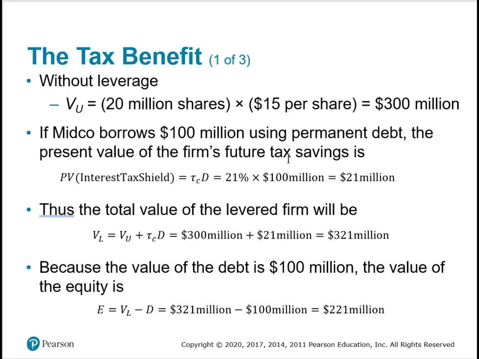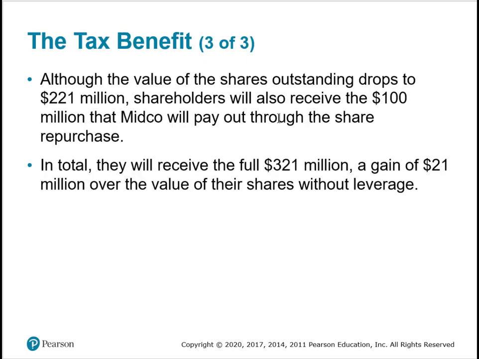They borrow $100 million, right? So the present value of that tax shield, T sub C, 21% of $100 million, that's $21 million. So the total value of the levered firm is going to be $321 million. Because the value of debt is 100 million, the value of equity then is 221 million.